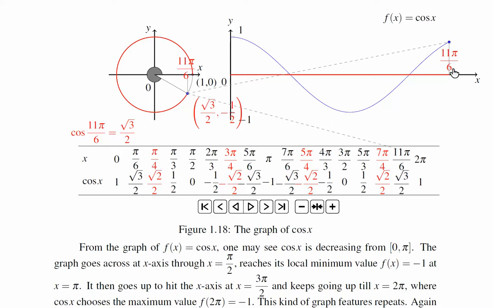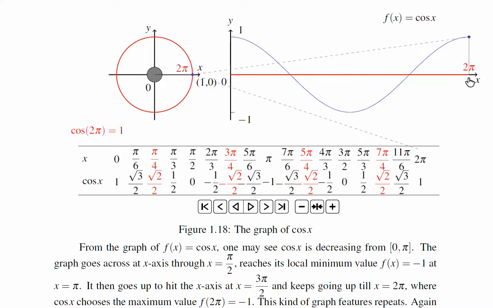Okay, so you can see down here from 0 to 2 pi, cosine x completes one period. It can move from this point again one more circle.